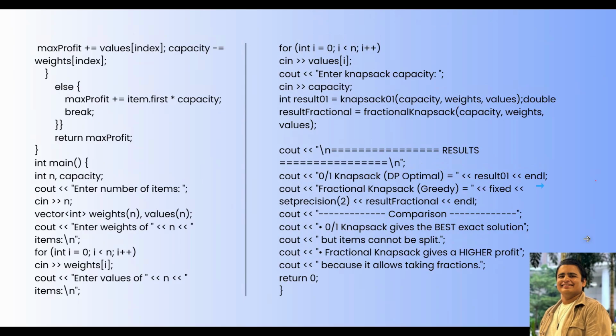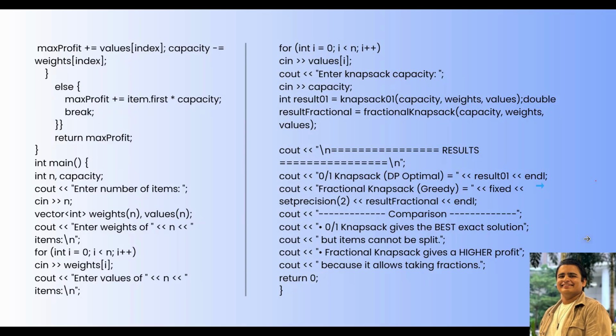After that, we sort all items in descending order based on their ratio. Then we start filling the knapsack by always picking the item with the highest value to weight ratio first. If the full item fits, we include it completely. If it doesn't fit, we simply take the fraction that fits inside the remaining capacity. This strategy ensures that we always gain the maximum possible value for every unit of space we use.